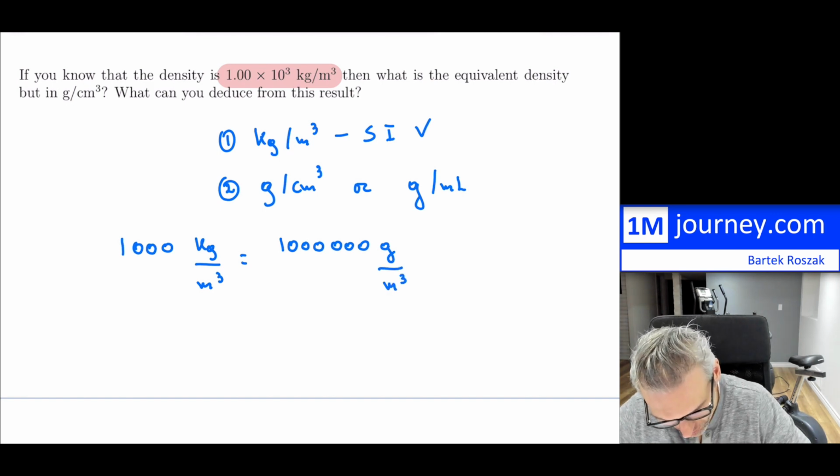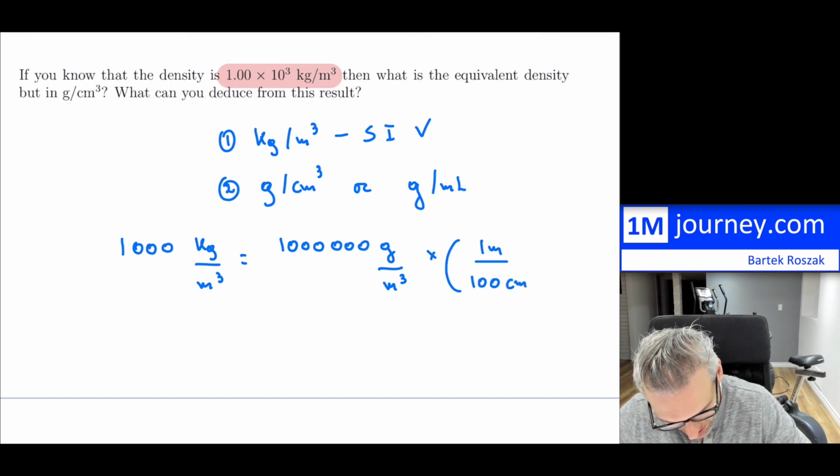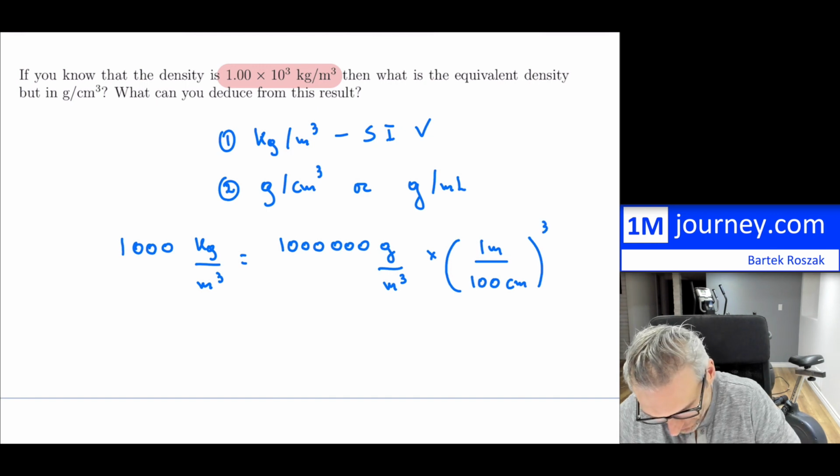Now to get rid of the meter cubed, 1 meter goes back into centimeters. You may or may not remember there are 100 centimeters, and you can cube this.